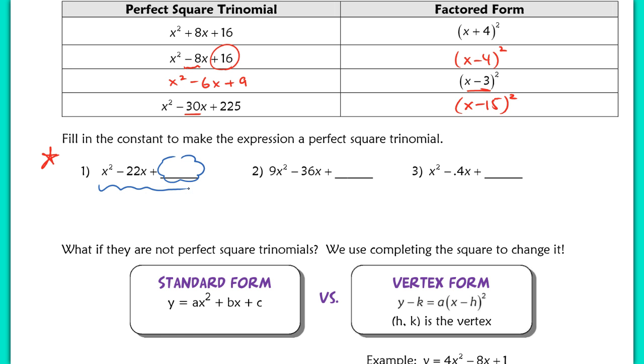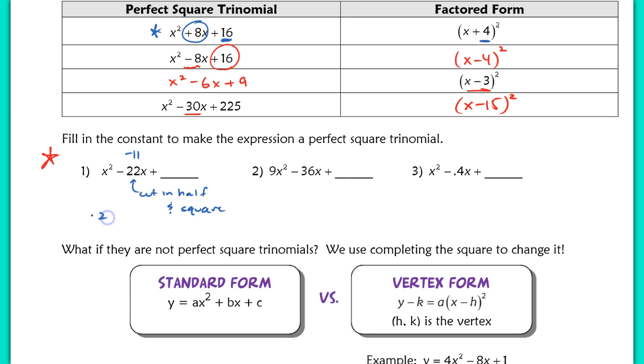So I want 3 terms, just like this one is a perfect square trinomial. I want to turn that into a perfect square trinomial. So remember, we cut this number in half to get this number here. Okay, this number is that number squared. That's the number 4 squared. So what I'm going to do here is cut this in half and then square it. So I would get negative 11 if I cut negative 22 in half, right?